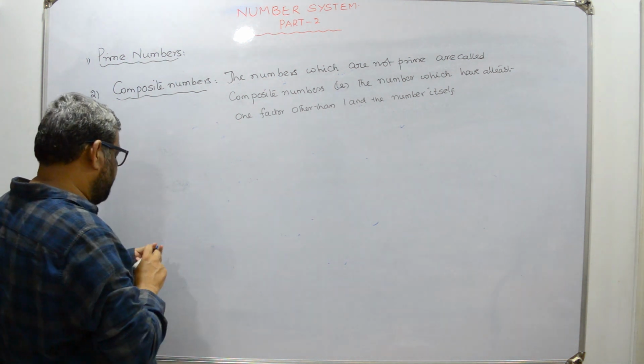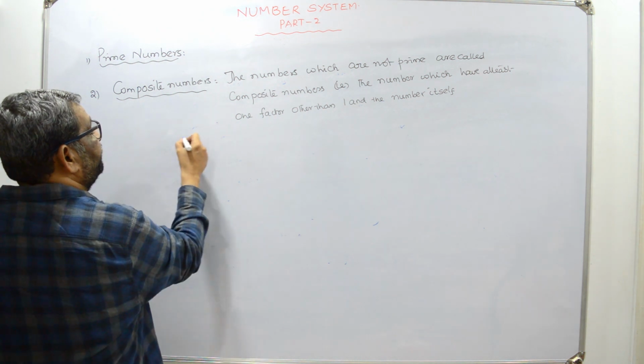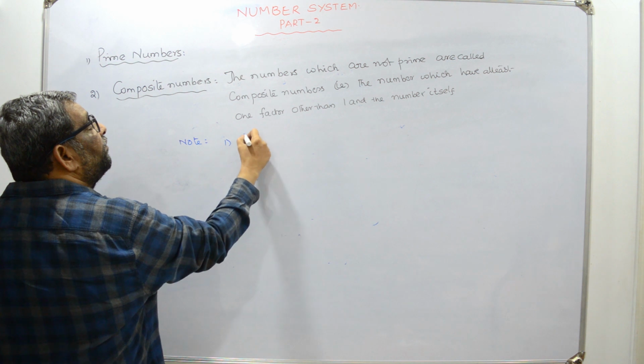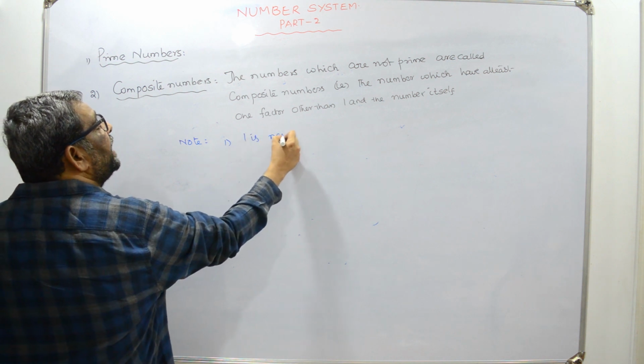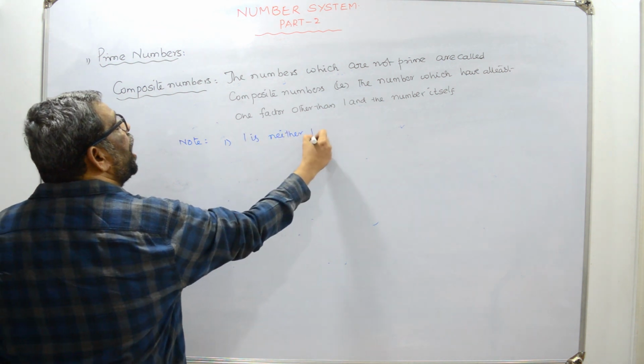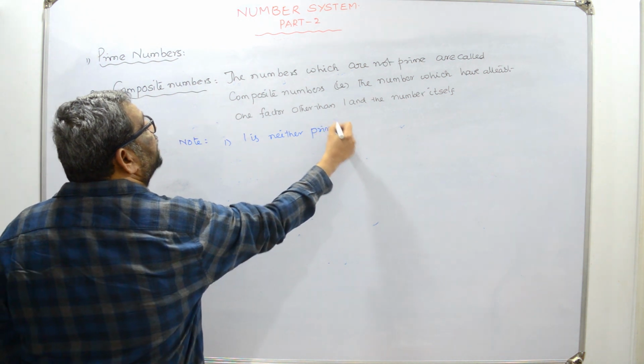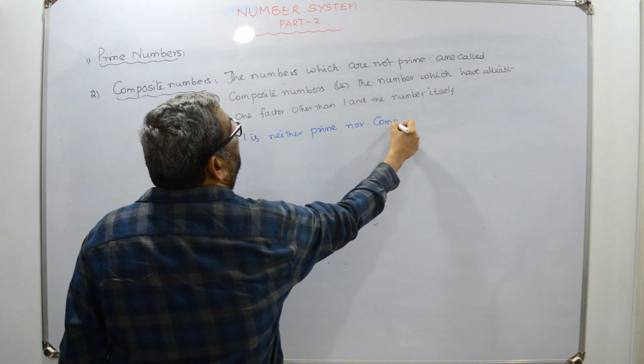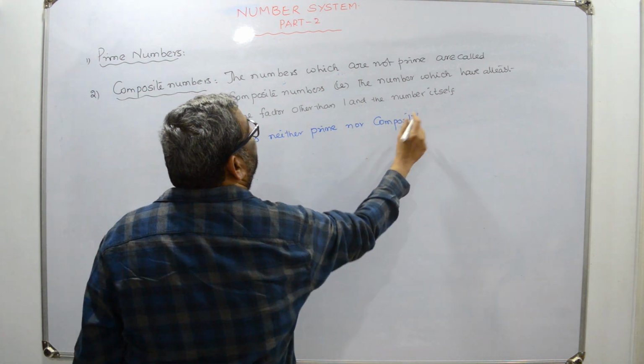Here we can make a note of a few points. Number 1: one is neither prime nor composite.